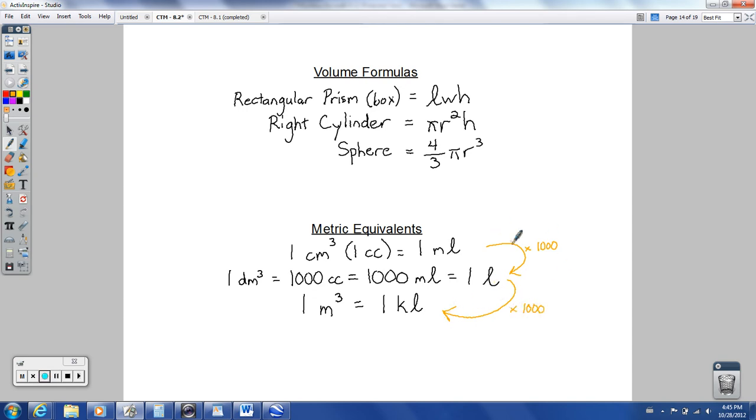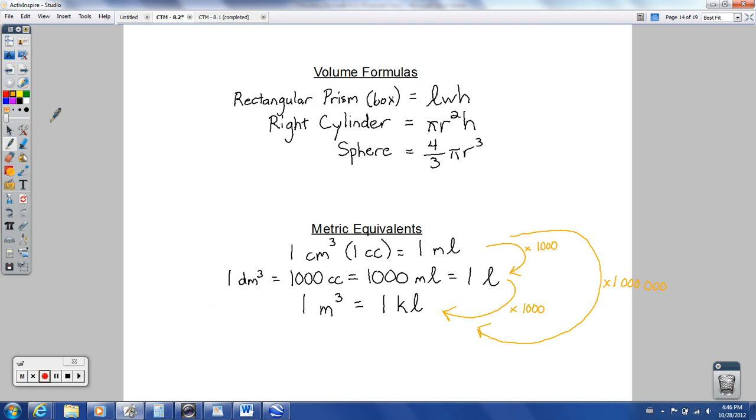So if you went all the way from here to the end, this would be times a million, times 1, put a little space, 3 zeros, put a little space, 3 zeros. So times a million if we're going from kiloliters to milliliters, it would be 1,000 times or a million times more. So think of it like that.